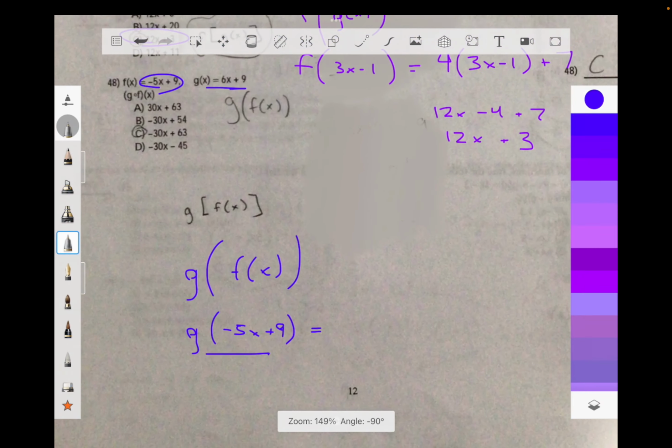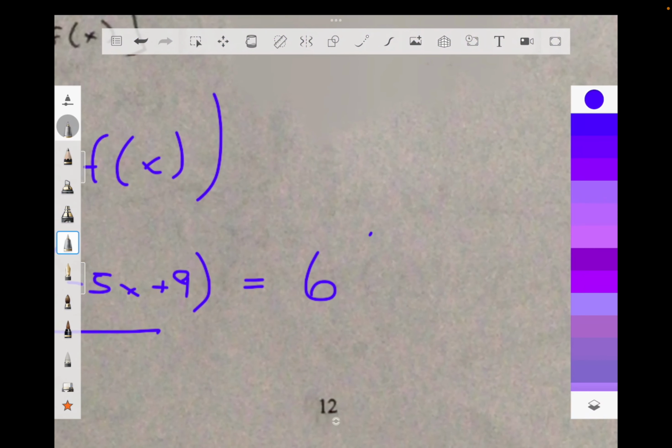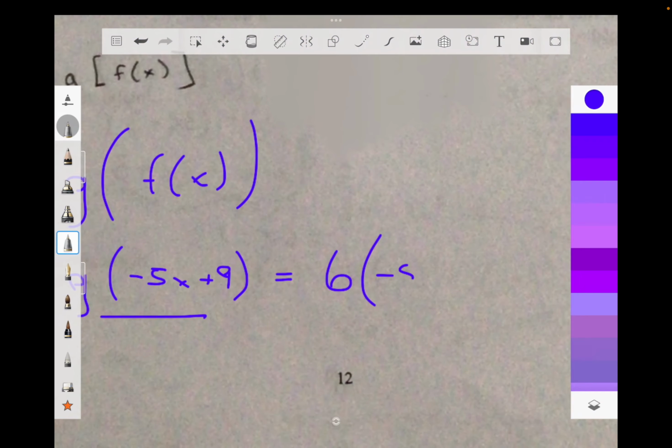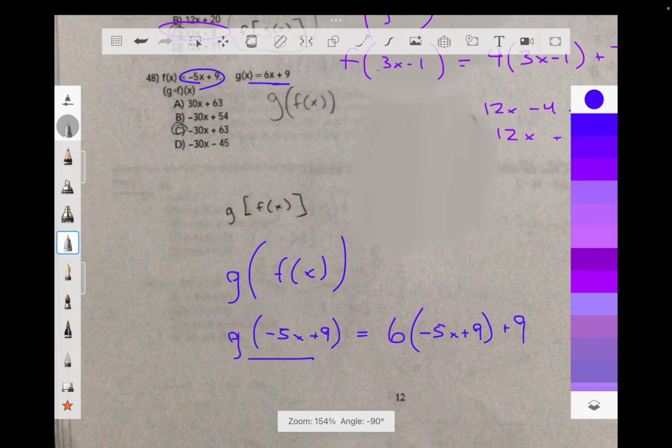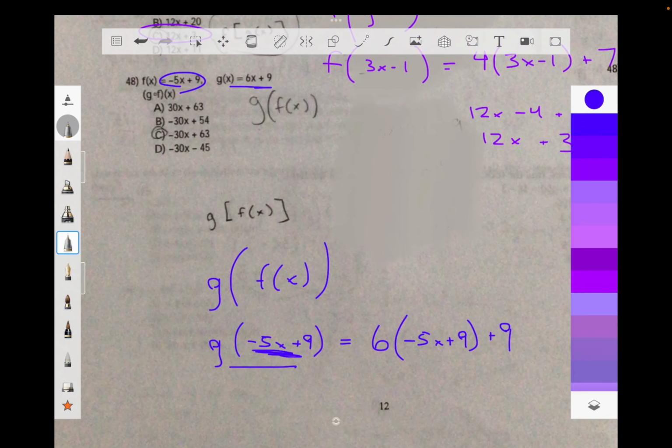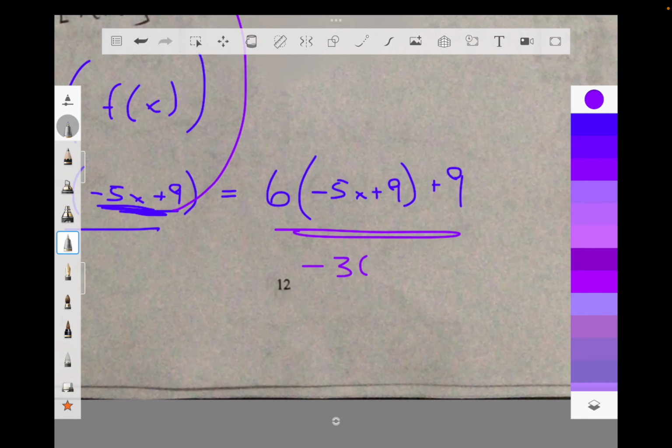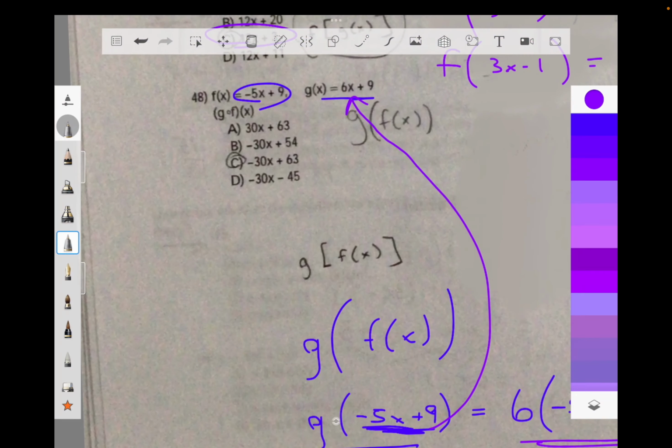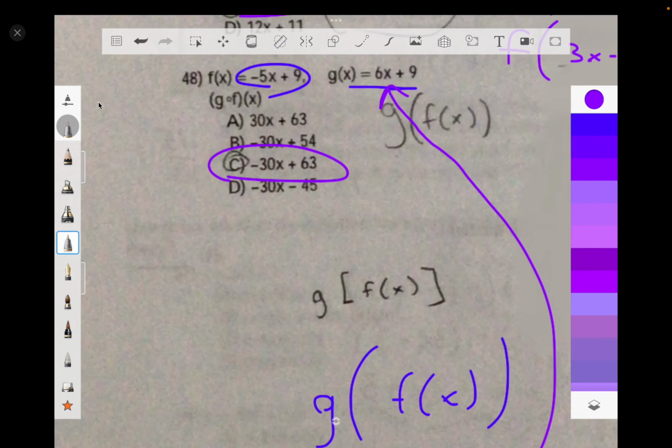So it's going to be 6 times that plus 9, replacing the x with negative 5x plus 9. Right? Because we're replacing this with this x right here. So that's where this comes from. And then if you distribute this out, it becomes negative 30x plus 54 plus 9, which is negative 30x plus 63. And that is it.